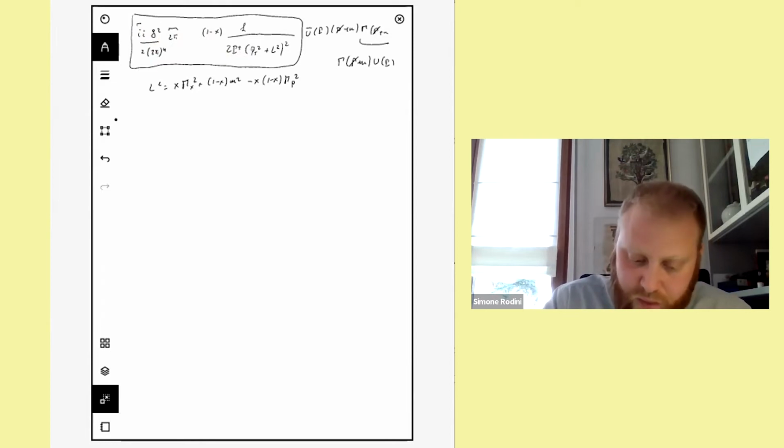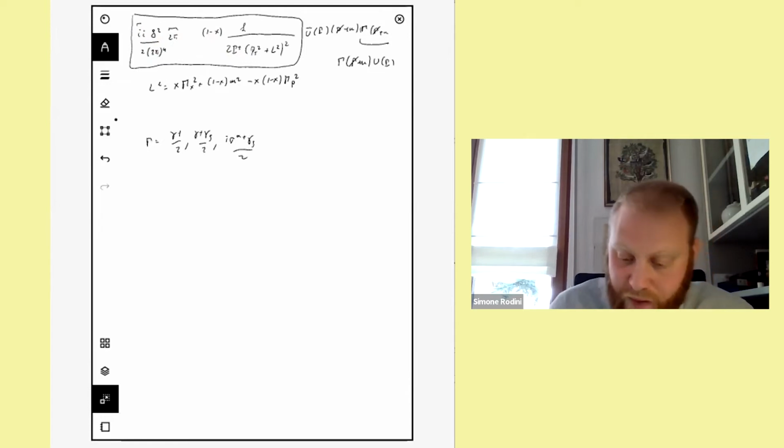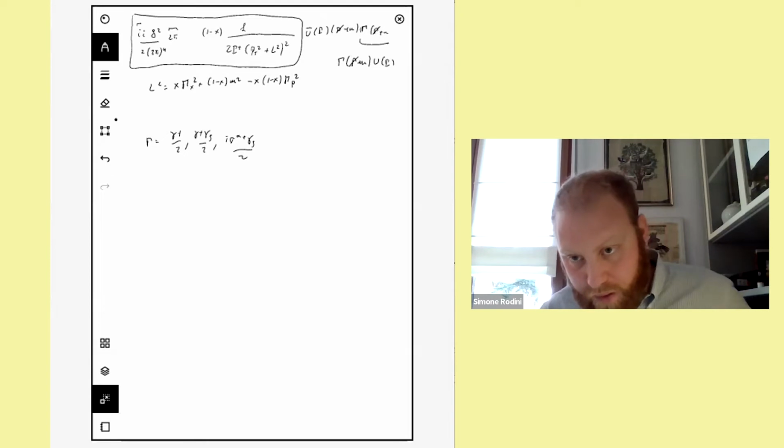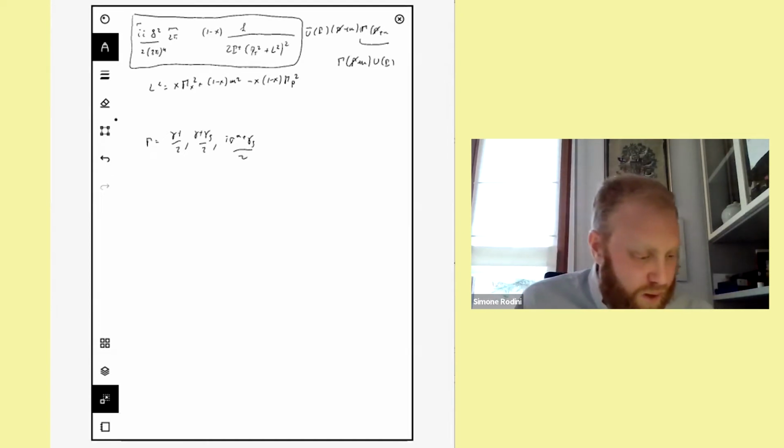And then you have your Dirac structure. Besides saying that gamma is gamma plus, gamma plus gamma 5 over 2, and i sigma alpha plus gamma 5 over 2, we really did nothing to specify this Dirac structure. So you can more or less say, okay, who cares?